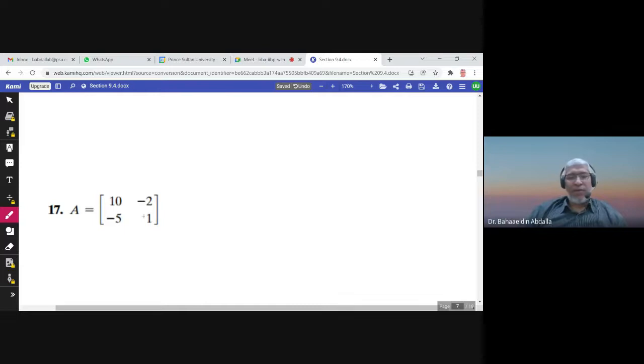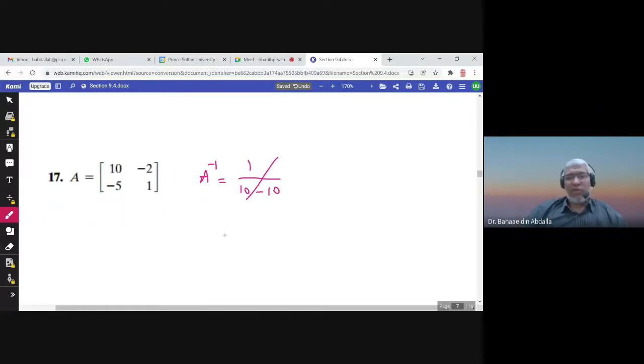What about A inverse of this matrix? Let me write A inverse equals 1 over 10 times 1 is 10, minus negative 2 times negative 5 is also 10. 10 minus 10 is 0. Oh, so 1 over 0 is not possible.